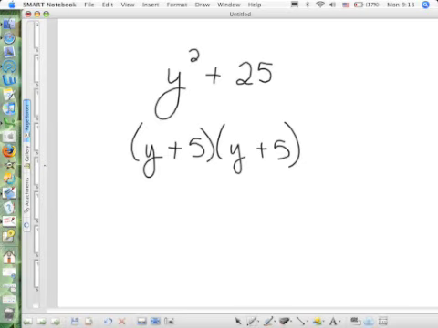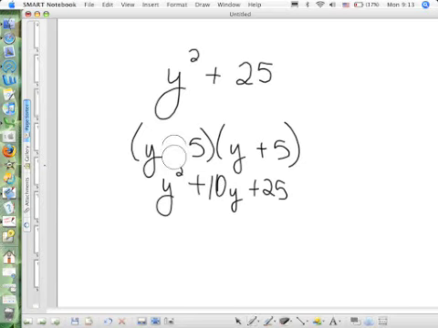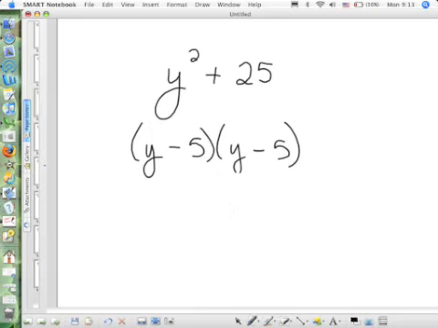If I foiled this back out, this is what I get. That's not the same thing as this. It can't be 2 minus signs, because then I'd have this. And that's not the same thing as that. So you're saying it's got to be 1 plus 1 minus? Yes. All right, well, that gives me this, which is not the same thing as that.